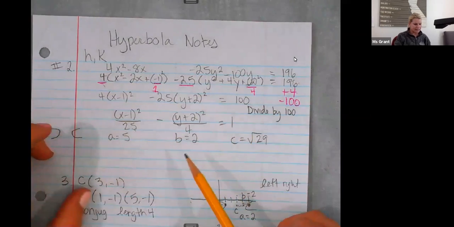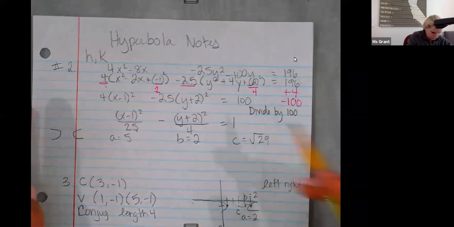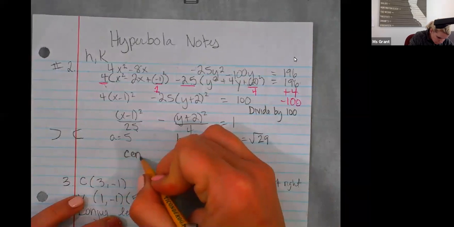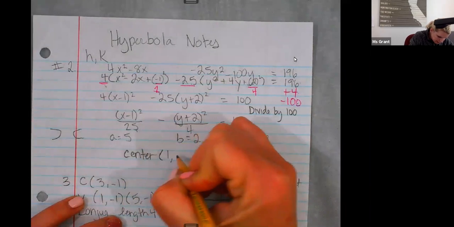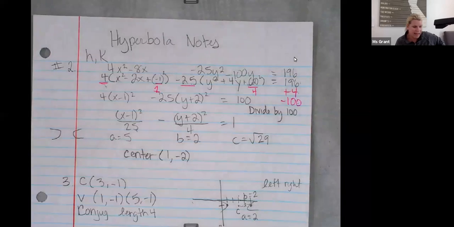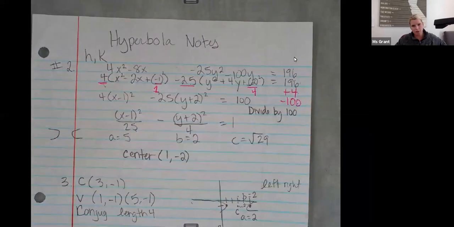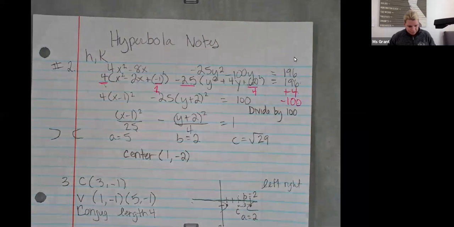I can then find my center: 1 comma negative 2. My A was 5, my B was 2. And when I did my C, it was root 29. So this is all good.